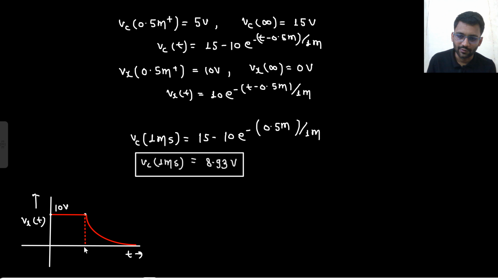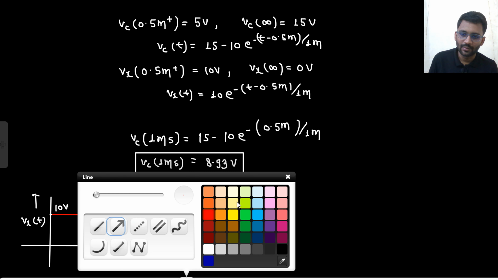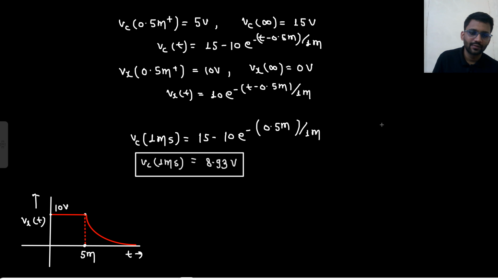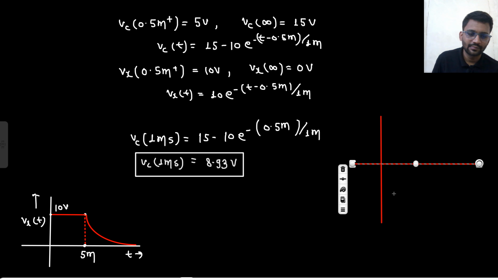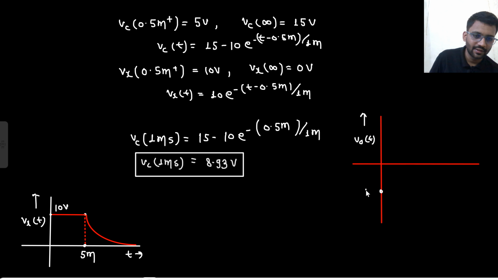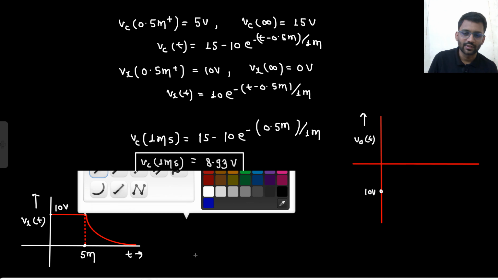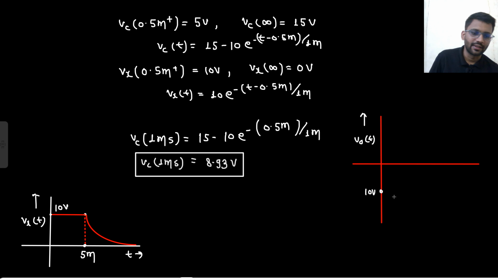So this is the equation of Vx. What about the equation of V naught? V naught started from 10 volt initially because the concept of virtual short was valid. Then it went down.